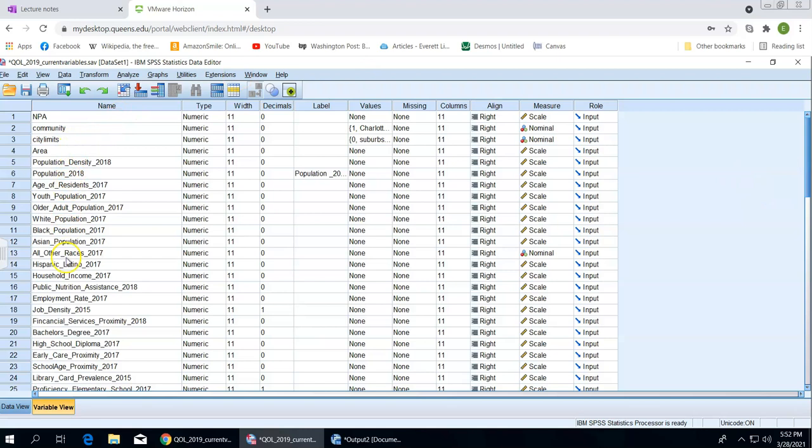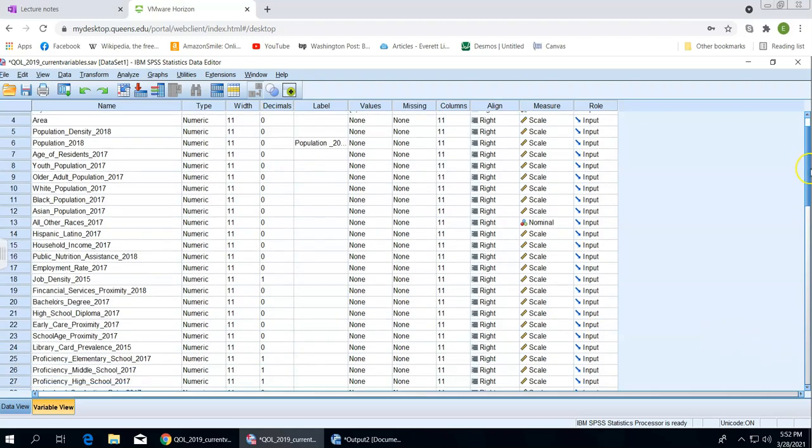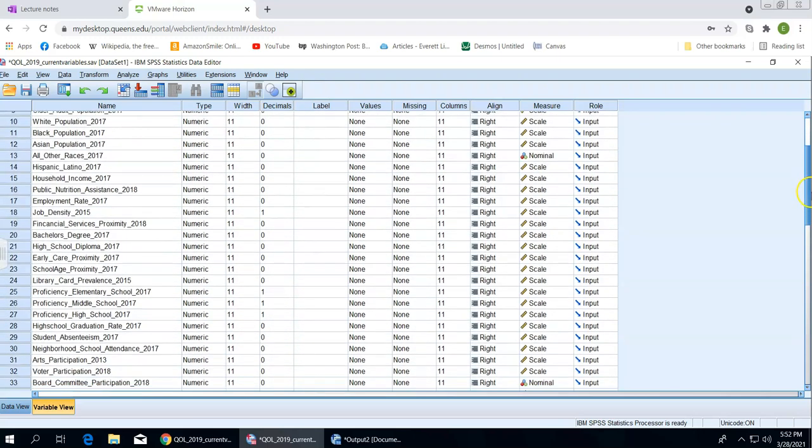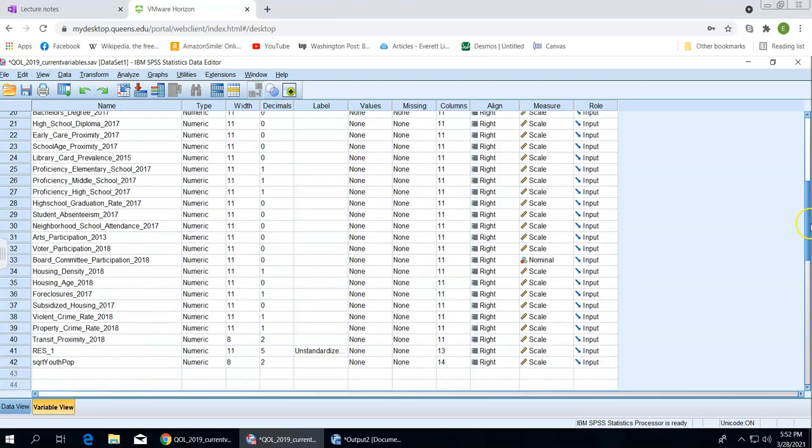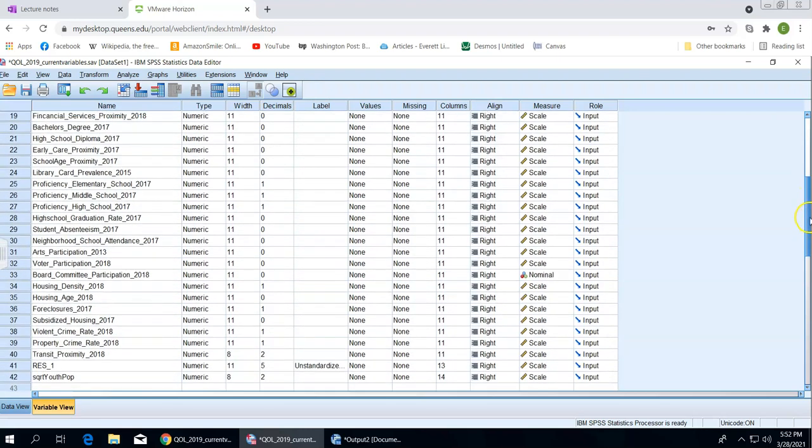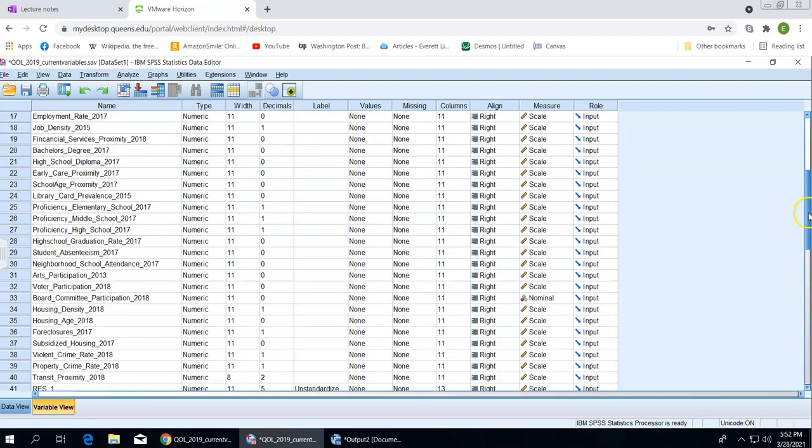And so I picked those 5 variables based on some ones that I thought might be interesting and ones I thought might be relevant. But that doesn't mean that there might not be others. So, violent crime rate might be highly correlated with property crime rate, and it might be an excellent predictor, but I would not expect that would be a cause. So I didn't put that in the model.